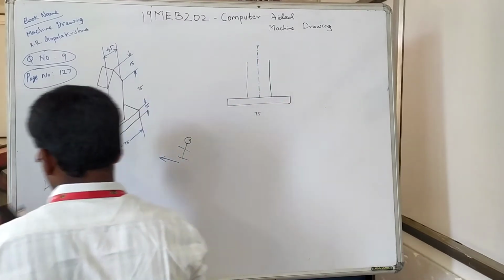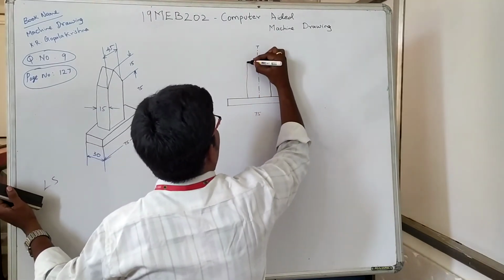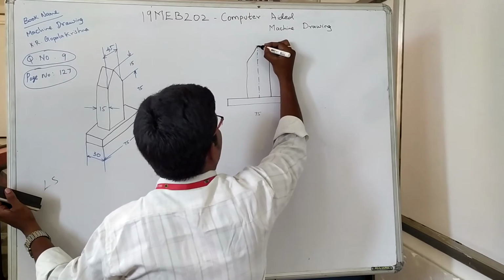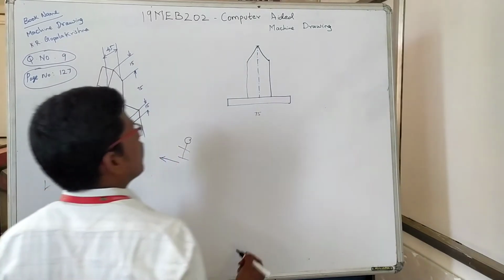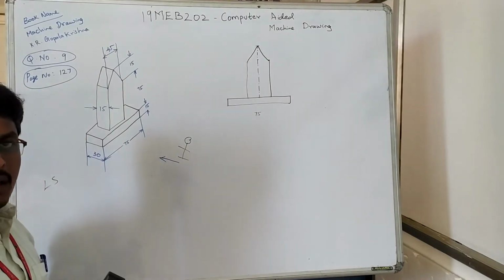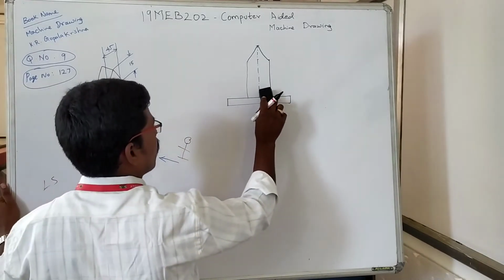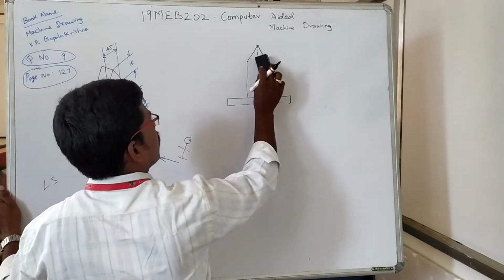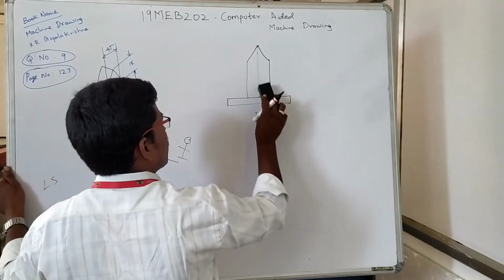Hence, through this reference, I am closing this part with the inclined line. Am I finished with the front view? Yes, the front view is over. This is for my reference, so I am erasing it.